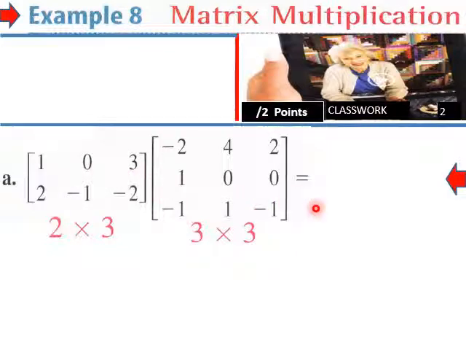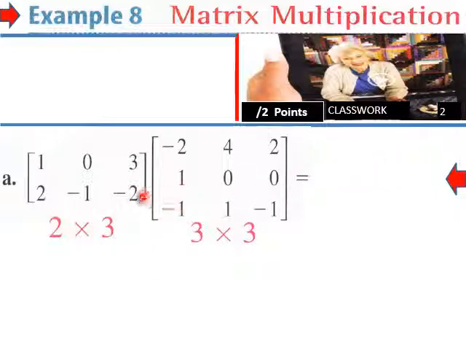So the way we're going to get our other matrix is we're going to multiply this row by this column, and then we get this position here. And then this row by this column to get this position, and this row by this column to get this position. So that'll give us our top row here.